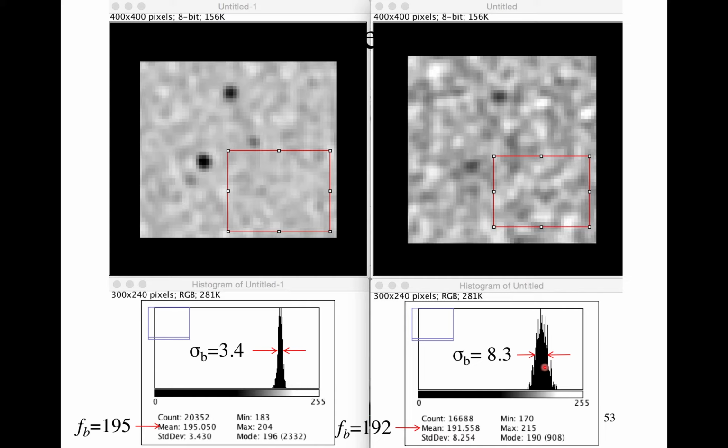So this single number, 8.3 in this case, 3.4 in the other, basically characterizes the level of noise in that field of view, under the assumption that the noise follows a Gaussian distribution. Most of the time for the imaging we do, it will be a normal distribution of random numbers.